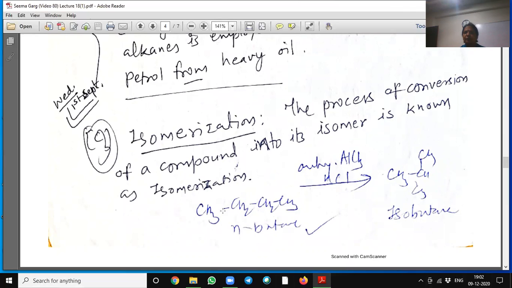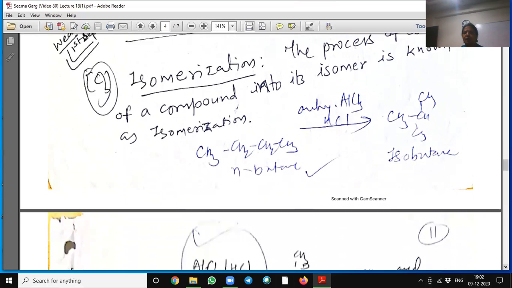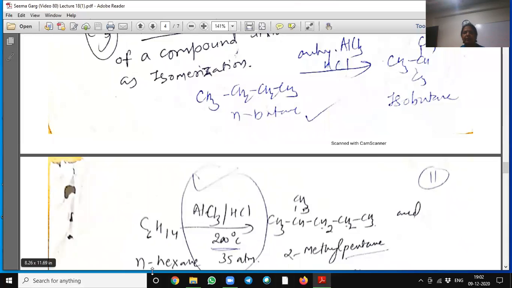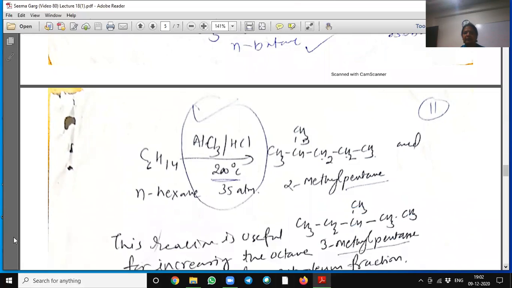Suppose normal butane is there. In presence of anhydrous aluminum chloride, we can convert it into isobutane. Similarly, normal hexane can convert with aluminum chloride to 2-methyl pentane.